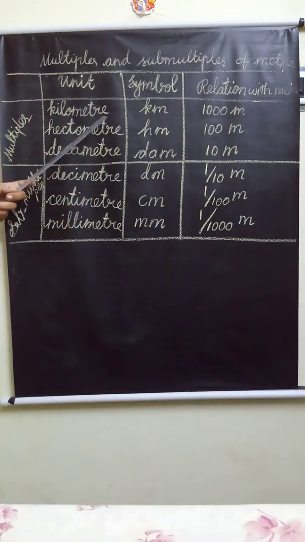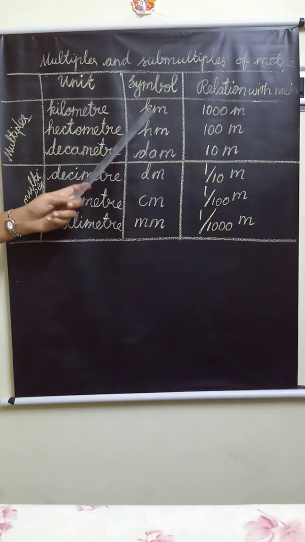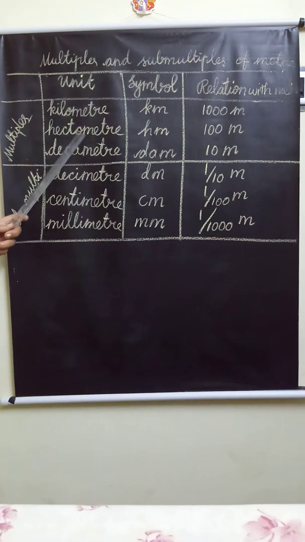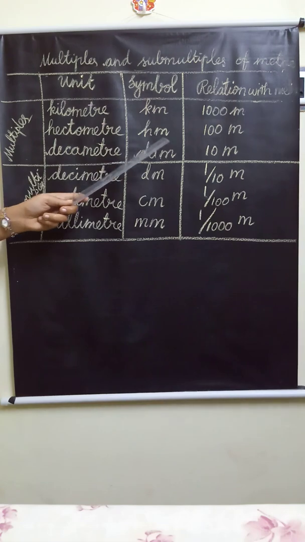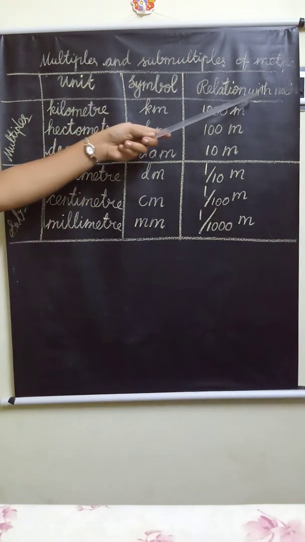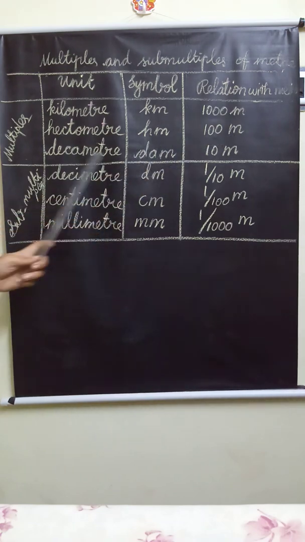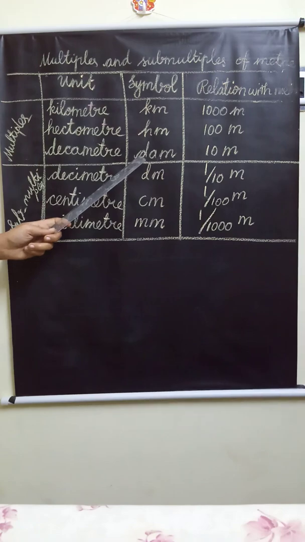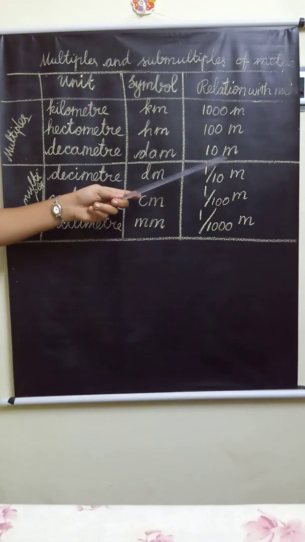What is the symbol of kilometer? km. 1 kilometer is equal to 1000 meter. Next hectometer. What is the symbol of hectometer? hm. 1 hectometer is equal to 100 meter. Next decameter. What is the symbol of decameter? dam. 1 decameter is equal to 10 meter.